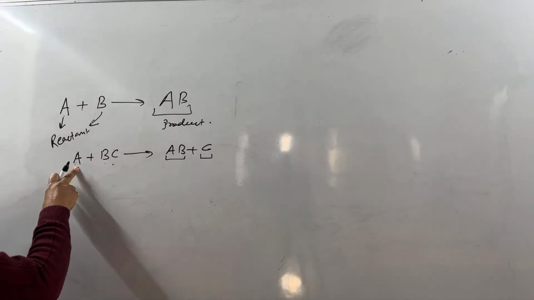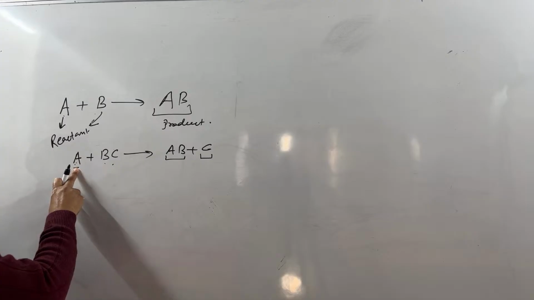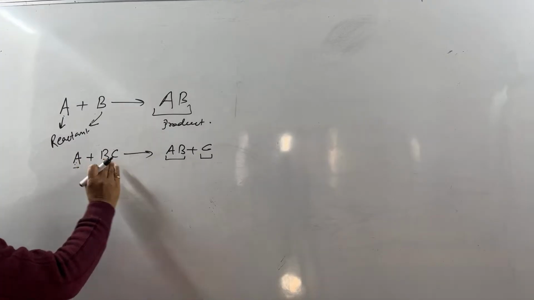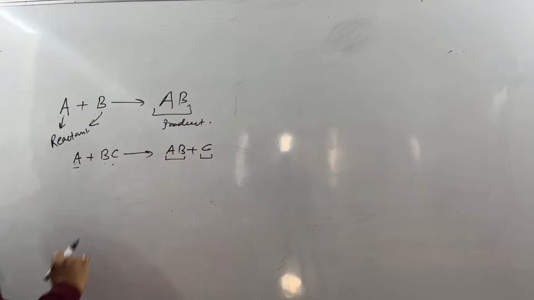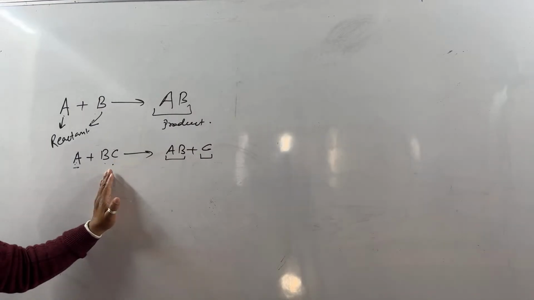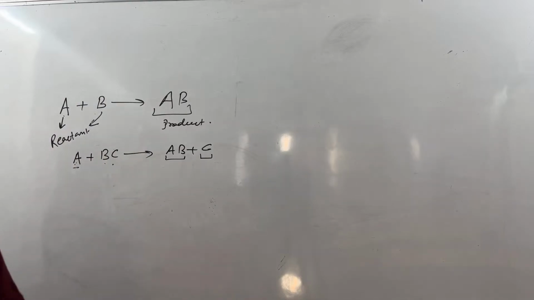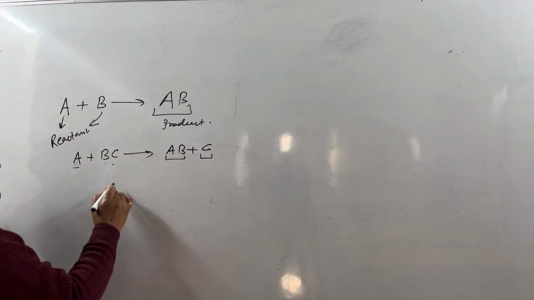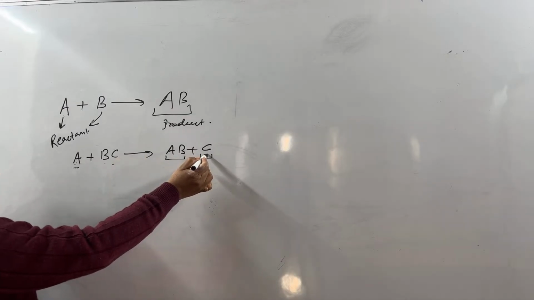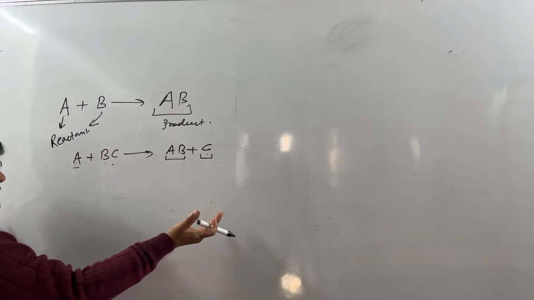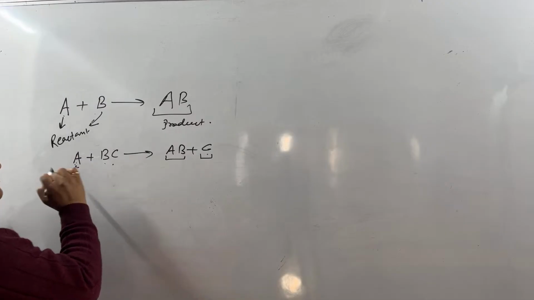It is more reactive because when it is reacting with this, it is going to replace C. Means C was already in combination with B, but A is pushing C to go out, and it is actually settled with A. So in such a reaction, C is the less reactive element or any other compound, and A is more reactive.